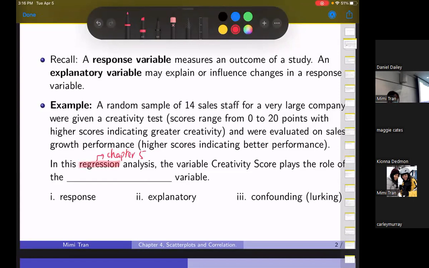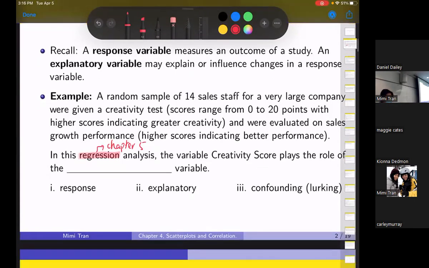Okay. The variable creativity score plays the role of the blank variable. What do you think? You can just stick it out and then put it on the chat. I'll give you a chance to do that on the chat later, but for this example, just stick it out. The creativity score plays the role.